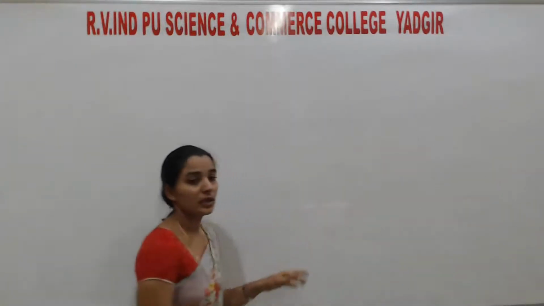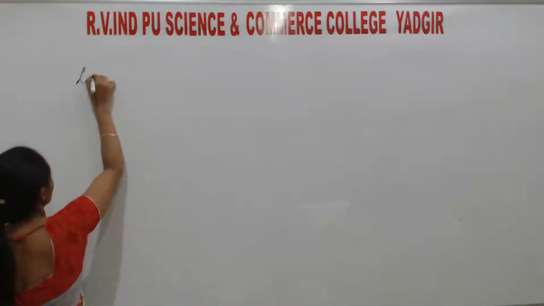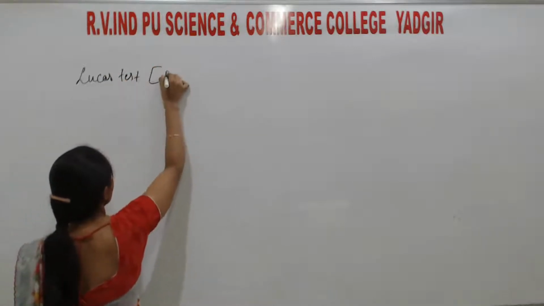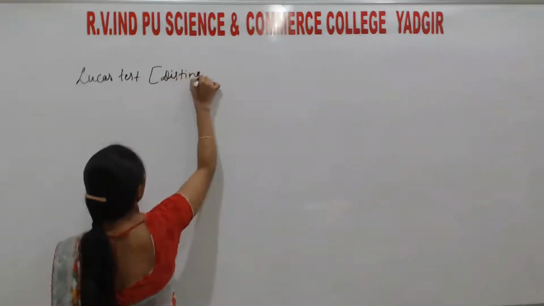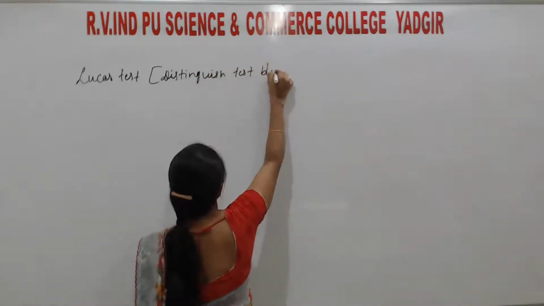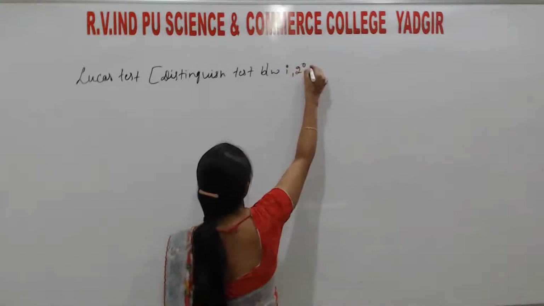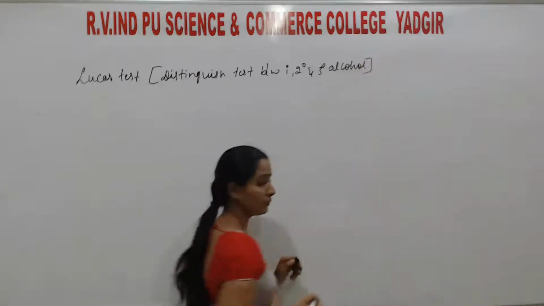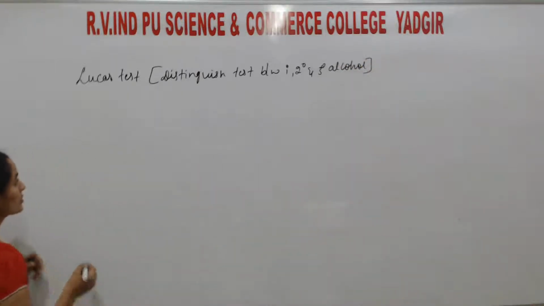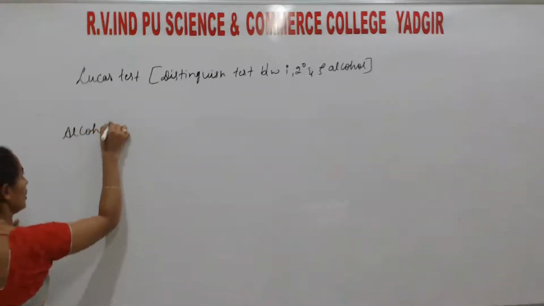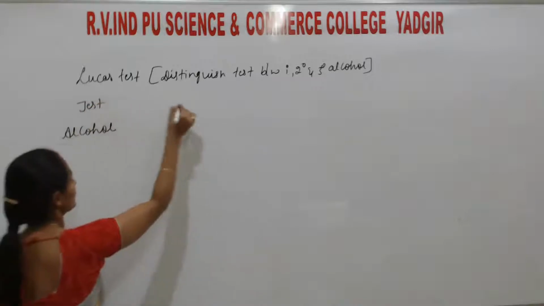Another one is the Lucas test. Understood? This is the distinguishing test between primary, secondary and tertiary alcohol. Okay? So students, how is the test done? Listen. Alcohol is the only test sample.